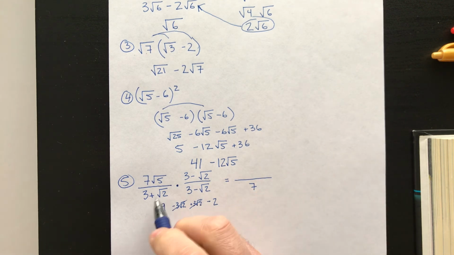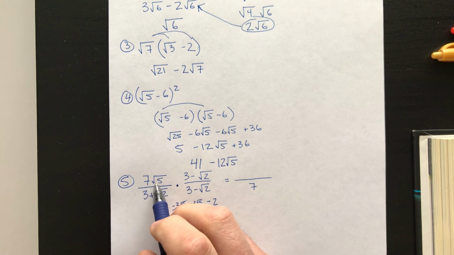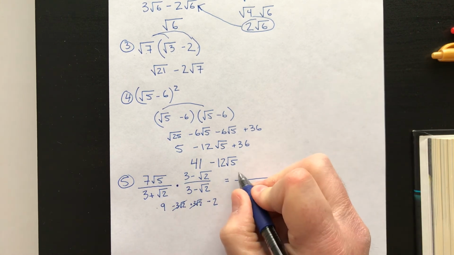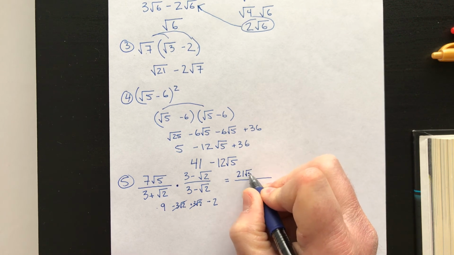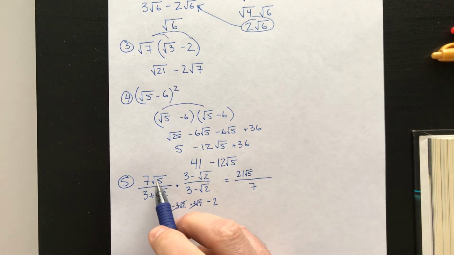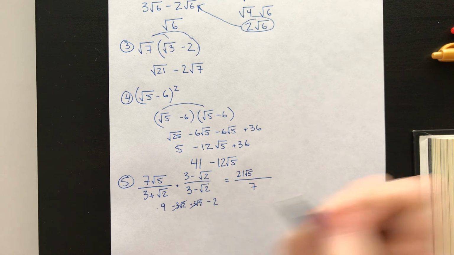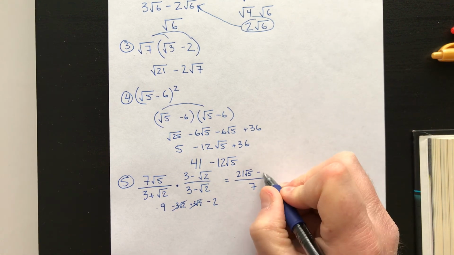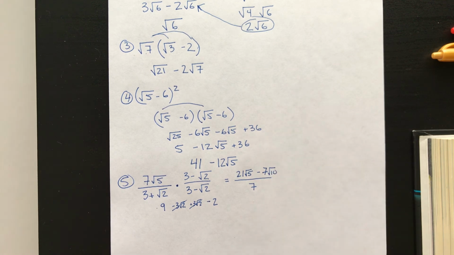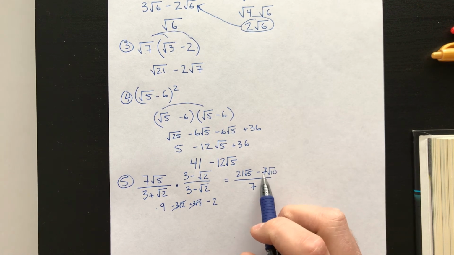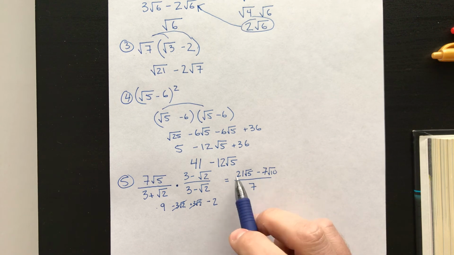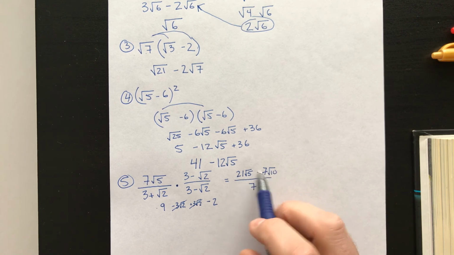And then in the numerator, I have 7 root 5 times 3, which is 21 root 5. And then 7 root 5 times root 2, which is 7 root 10. And I can pull a 7 out of this numerator.